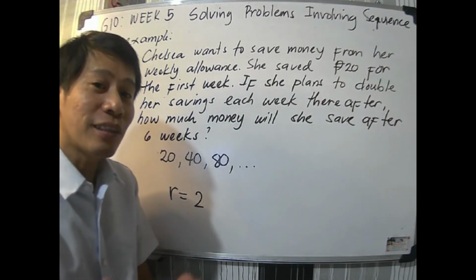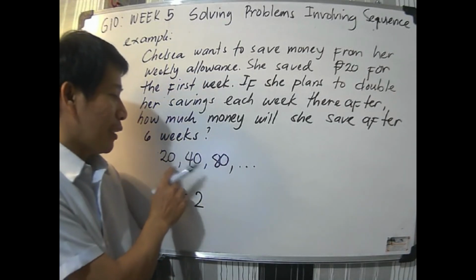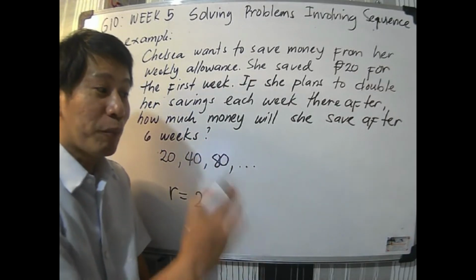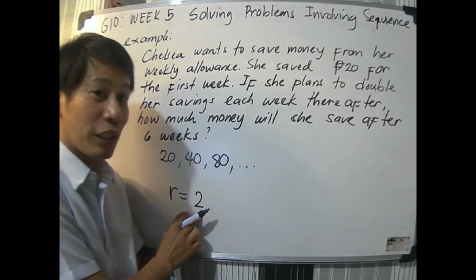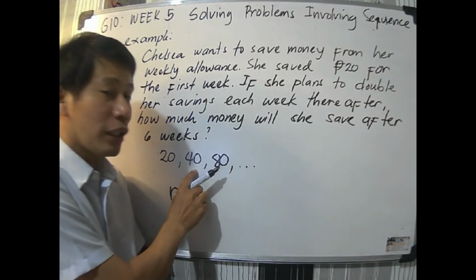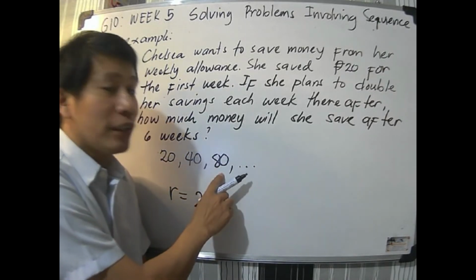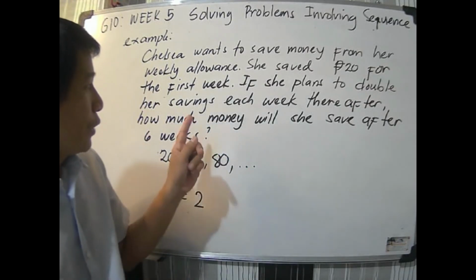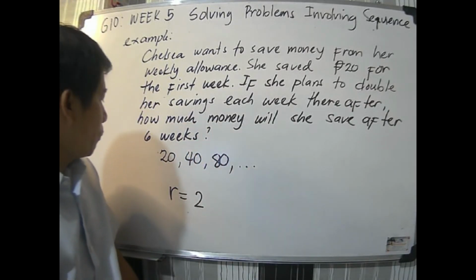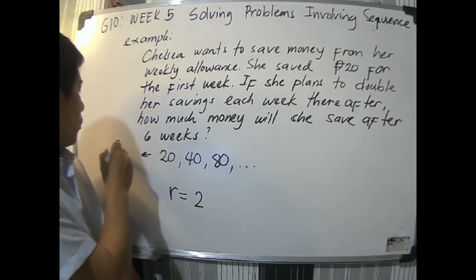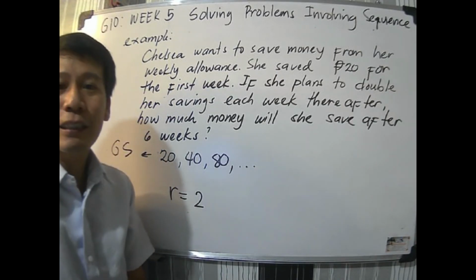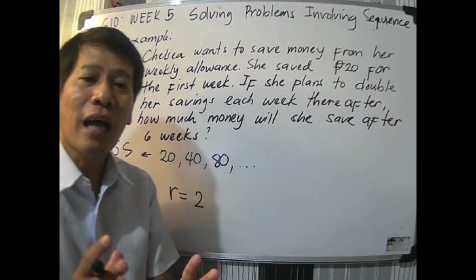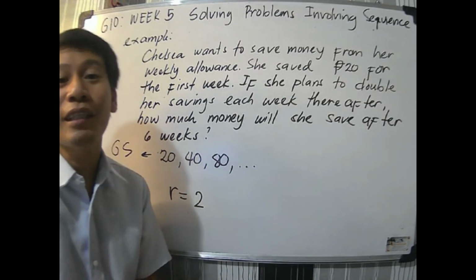Remember, sa geometric sequence, yung term natin ay obtained by multiplying, right? The previous term by the common ratio. Kaya, times 2, 40. Times 2, 80. And so on and so forth. So, madaling salita, this is an example of a geometric sequence. So, geometric sequence siya. So, therefore, we need our concepts of geometric sequence.